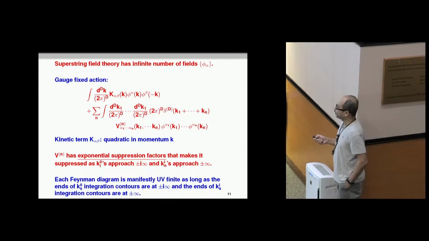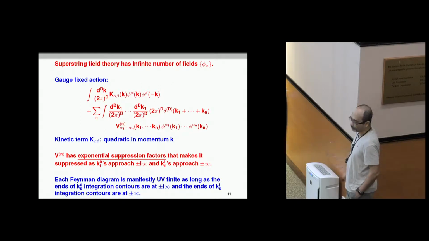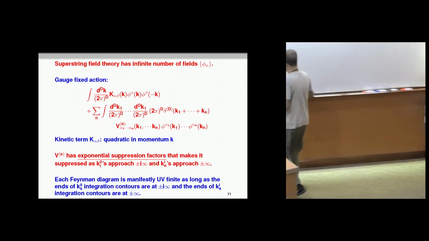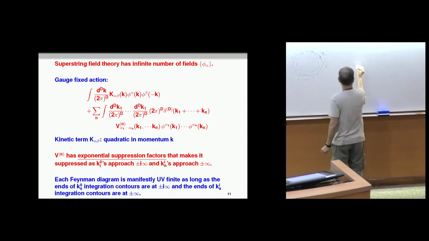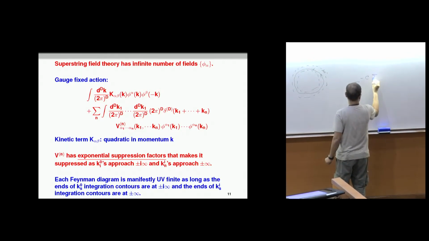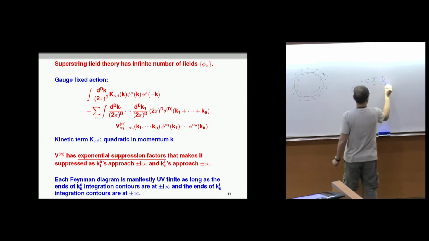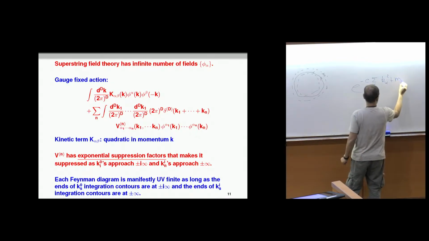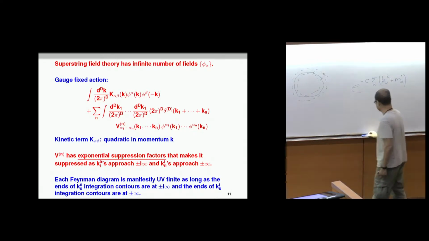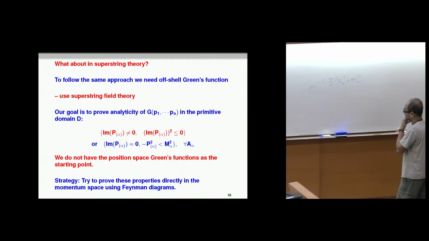These exponential suppression factors make the vertices suppressed as the k i zeros approach plus or minus i infinity and the k i n's approach plus or minus infinity. Basically the exponential suppression takes the form of e to the minus c times the sum over alpha of k alpha squared plus m alpha squared, where m alpha is the mass of the particle and k alpha squared is the invariant square of k alpha.